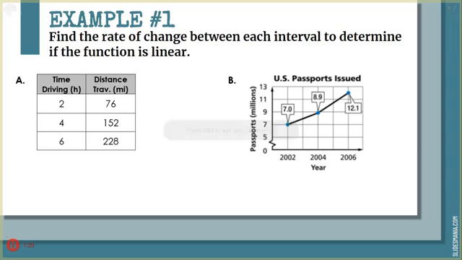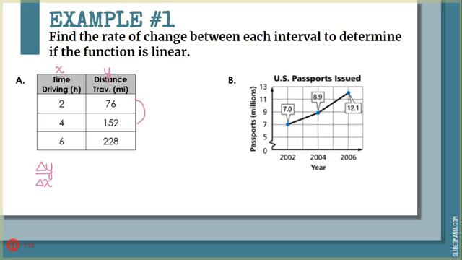So to find our rate of change is a comparison, or a ratio, of our change in y values, how is y changing, compared to how is x changing. So if I look at my first example, time is always your independent variable and distance is going to be our dependent. So I want to look at my change in y's first.